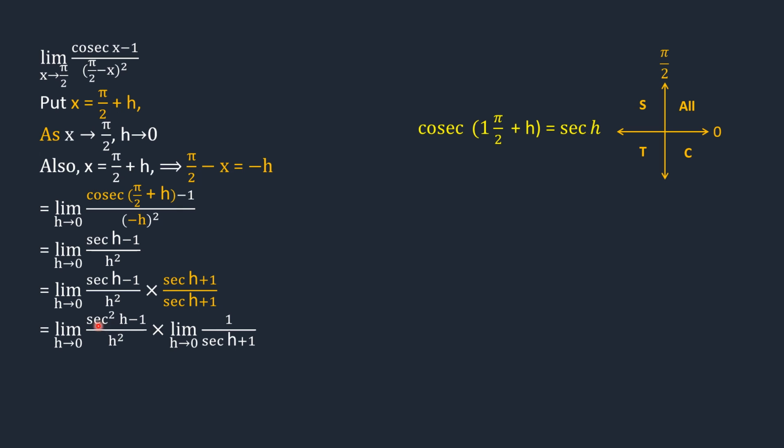Here we will use the identity sec square h equals 1 plus tan square h. So therefore sec square h minus 1 will be tan square h. So in the next step, in place of sec square h minus 1 we will write tan square h.